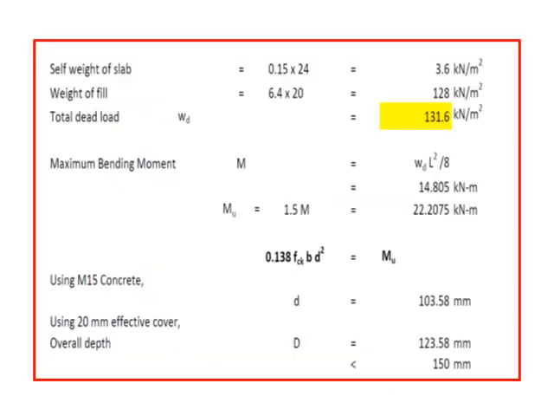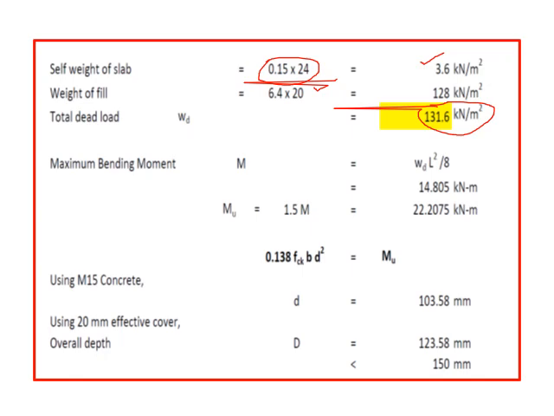Now you know that the slab is 15 centimeters thick, so 0.15 into 24 comes to 3.6 kilonewton per meter square. The weight of the fill, 6.4 meters height multiplied by the unit weight, is 128 kilonewton per meter square. So the total dead load coming on the RC slab is 131.6 kilonewton per meter square.